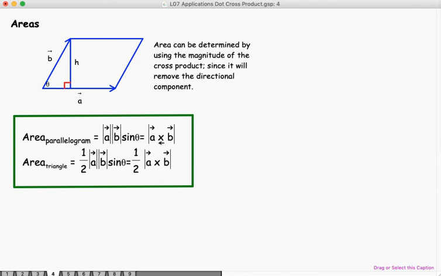And of course, the magnitude of the cross product is the magnitude of A times the magnitude of B times sine of theta. And if I wanted to find the area of a triangle spanned by two vectors, joining that up there, then it would be 1/2 the area of the parallelogram. So that would be 1/2 the magnitude of the cross product, which gives me 1/2 the magnitude of A times the magnitude of B times sine of theta.